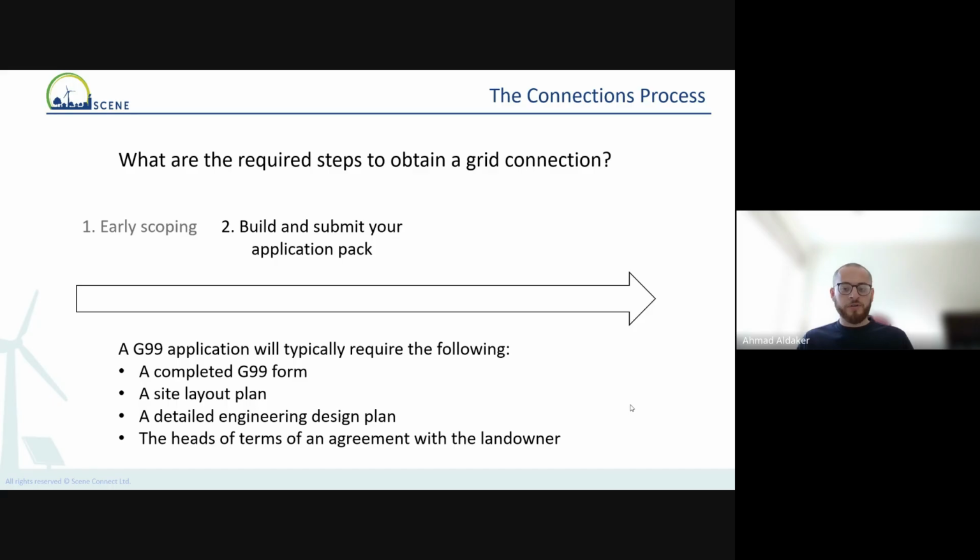As well, you need an engineering design plan, a preliminary project timeline, and the heads of terms of an agreement with the landowner, if you require that. Once you're happy with your application pack, you can submit it to the DNO and pay the connection offer expenses. There's a price guide for these expenses on the website. The fee does scale with complexity and site generation, so bear that in mind.